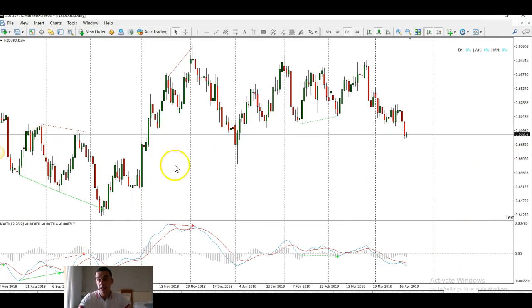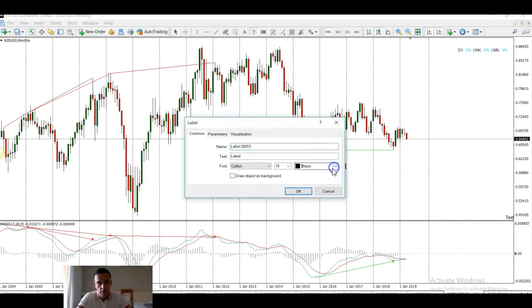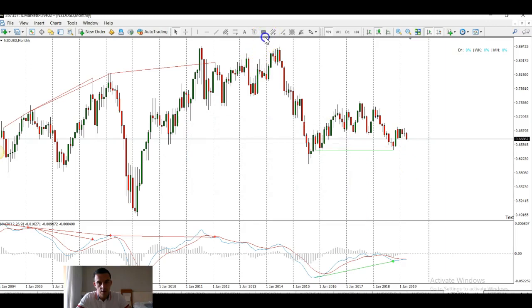Aussie Kiwi USD. Okay, let's look at the monthly. We have this high here. Okay, this area here is also an area of the trend.